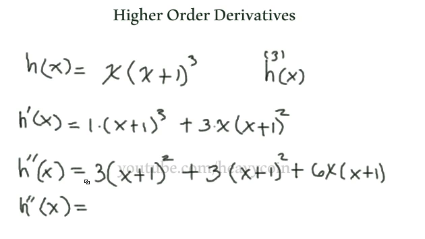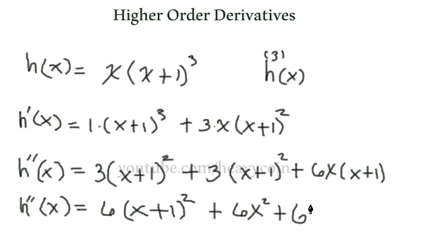So these are both like terms, so we're going to have 6 times x plus 1 quantity squared. We just add their coefficients, and then plus, and you know what, I'm going to distribute this 6x across. So we have 6x squared plus 6x.